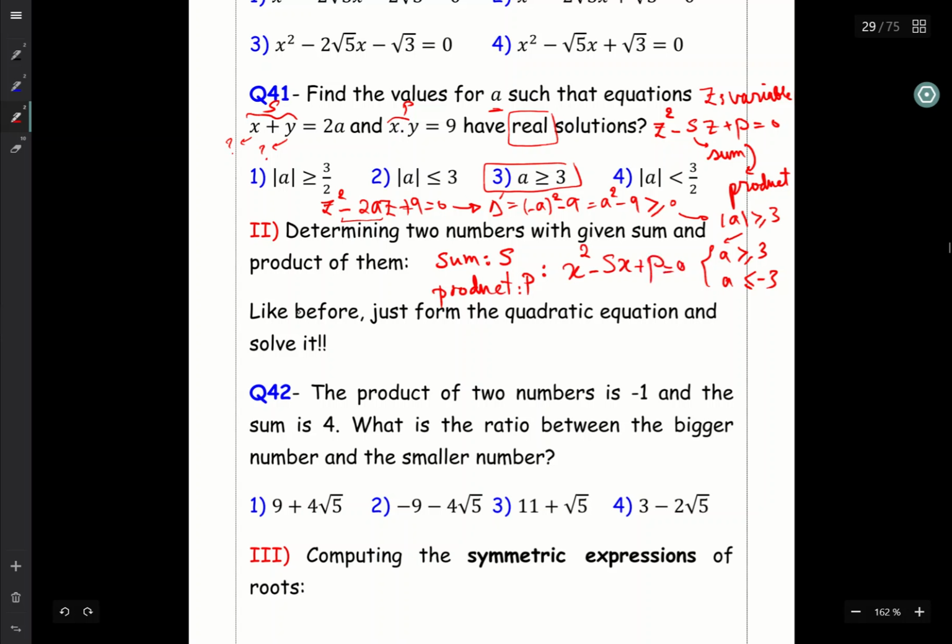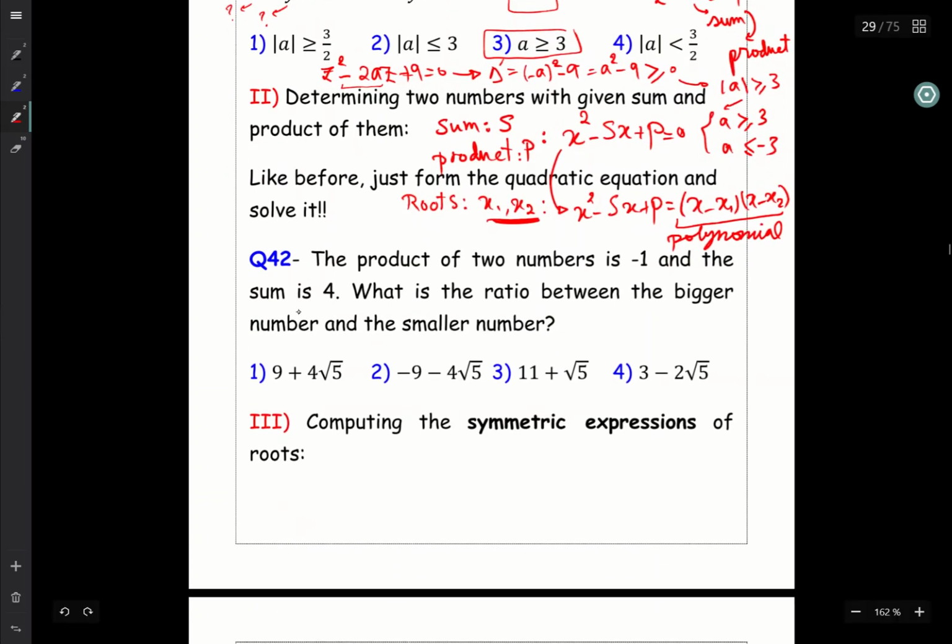If our two roots are x1 and x2, then x squared minus sx plus p factors based on the roots as x minus x1 times x minus x2. This is a general way of factorizing any polynomial, not just quadratics. You can always factorize it based on the roots of the polynomial.